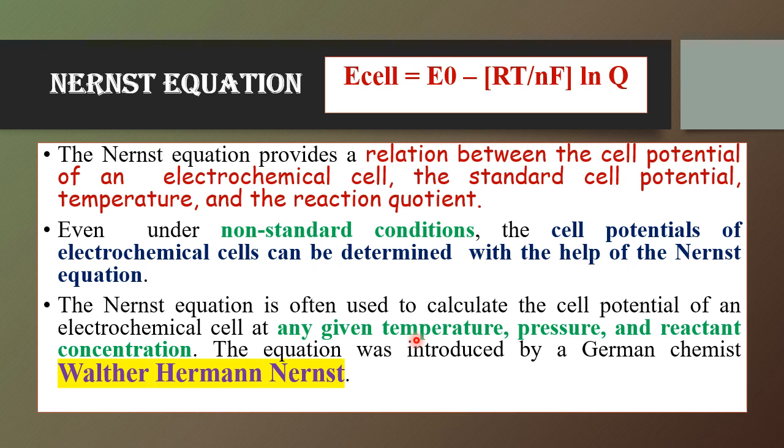By this equation we can measure the cell potential of any electrochemical cell under non-standard conditions. So the Nernst equation is also useful to calculate the electric potential under any non-standard condition. It means our concentration of solution can be anything other than 1 molar, temperature can be other than 25 degrees Celsius, and pressure will also be different. This equation was given by the German chemist Walter Hermann Nernst.